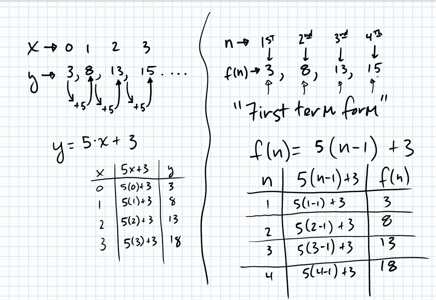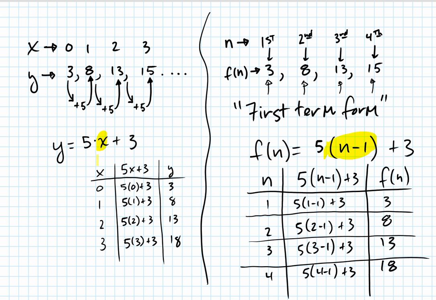In order to do this, it's just a small adjustment, right? If I write this in function notation, f of n equals 5 times, not n, but n minus 1, plus 3. By making this small adjustment, and multiplying by n minus 1 instead of just the x, I'm able to shift everything back and write it in the first term form.